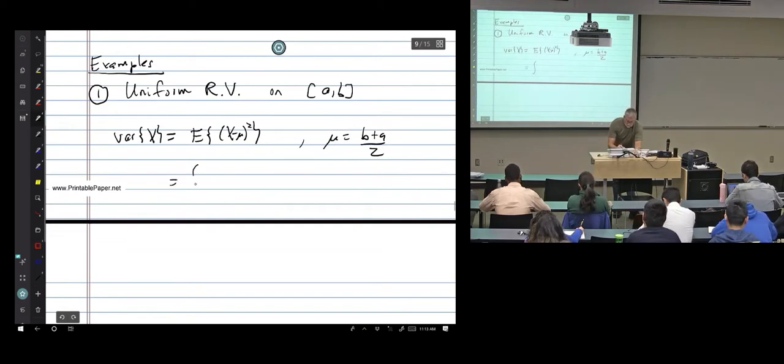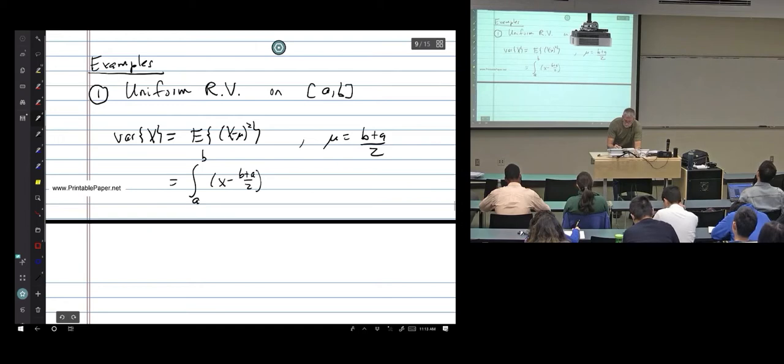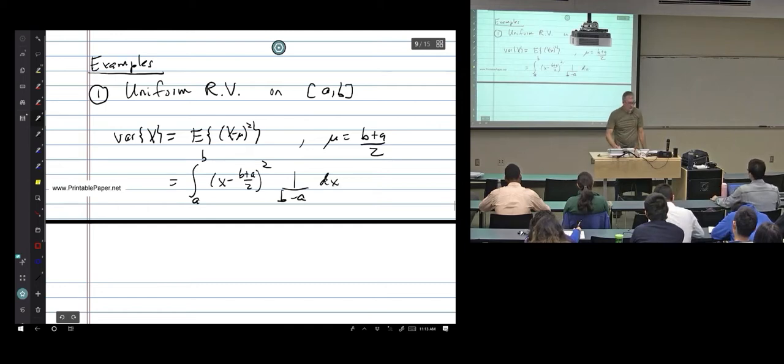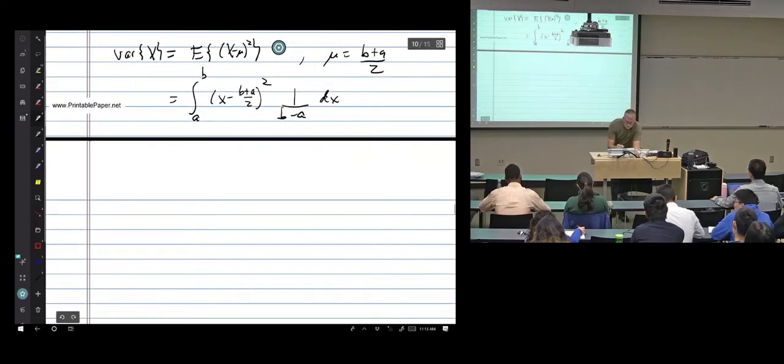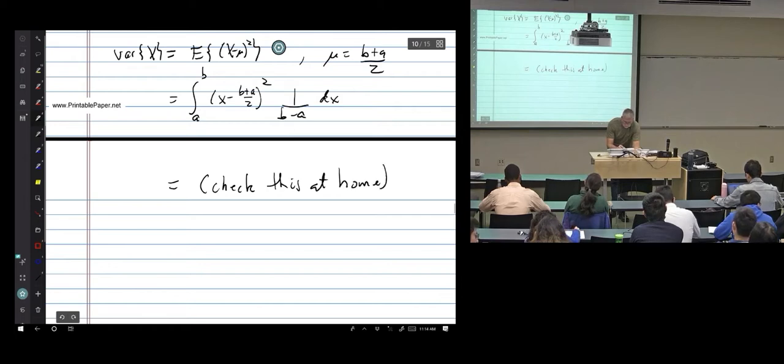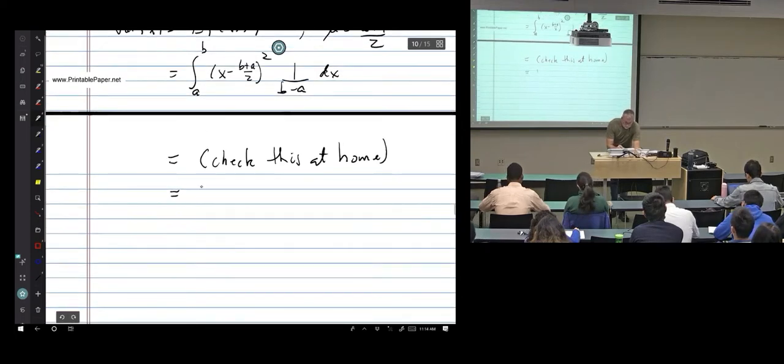So this equals the integral from A to B of X minus B plus A over 2, squared, times the density, 1 over B minus A, dx. Check this at home. And you'll get 1/12 (B minus A) squared.